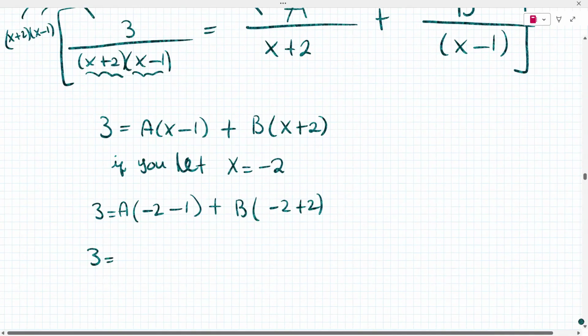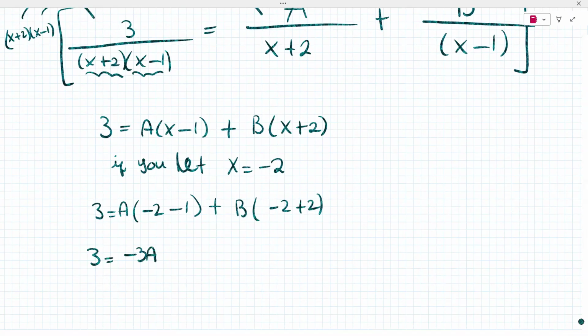Negative 2 minus 1 is negative 3a. Negative 2 plus 2 cancels, so you're just left with 0. Solve for a: divide both sides by negative 3, and you get a equals negative 1.